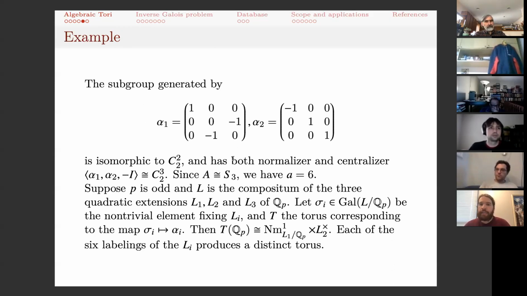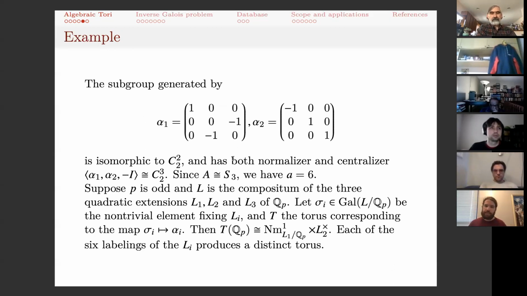And if p is odd, then we can easily write down a field extension that has this as its Galois group. You can take the compositum of the 3 quadratic extensions of Q_p, and for each labeling of those 3 extensions, you get a different torus.